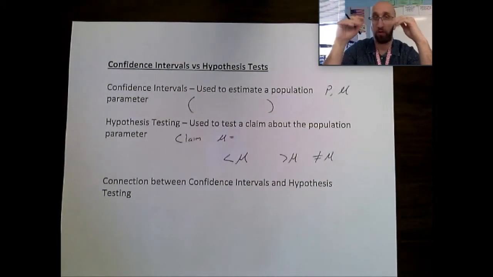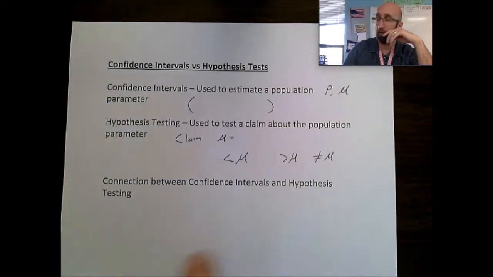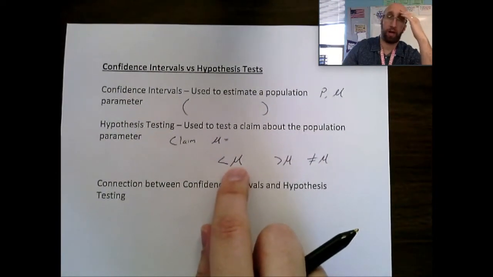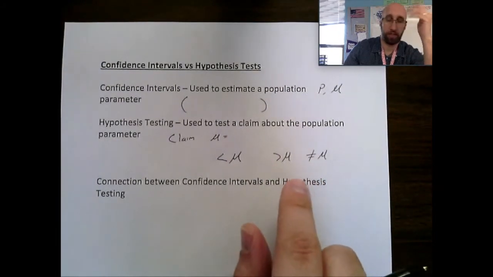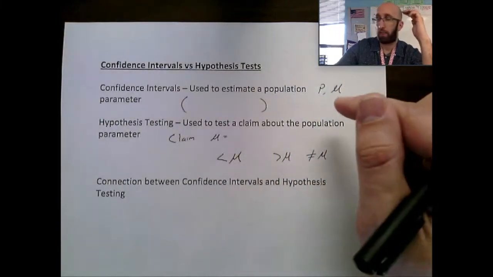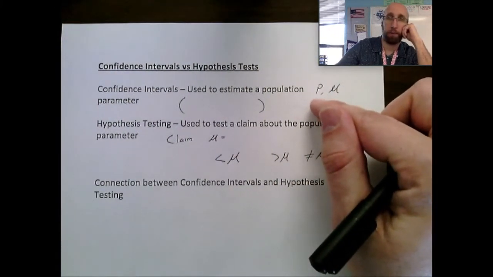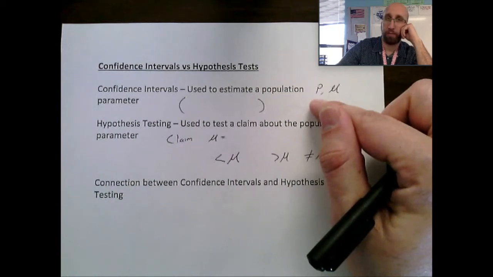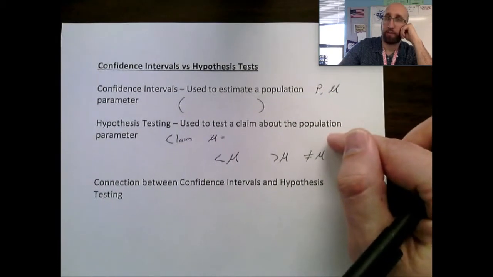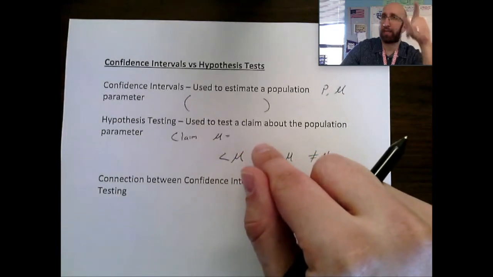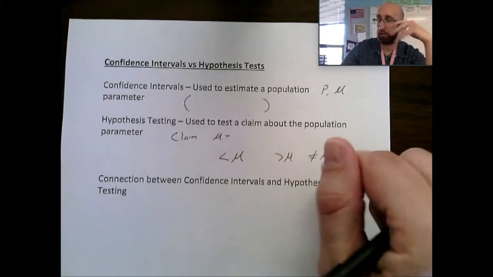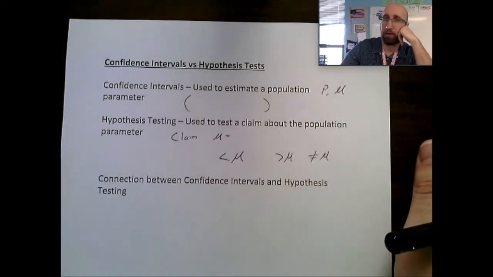So with a confidence interval, you're providing a range to say what you believe the population parameter is. With a hypothesis test, someone tells you what they think the population parameter is, and you're just going to say, I think it's higher, lower, or just not equal to. So there are some similarities and differences there.